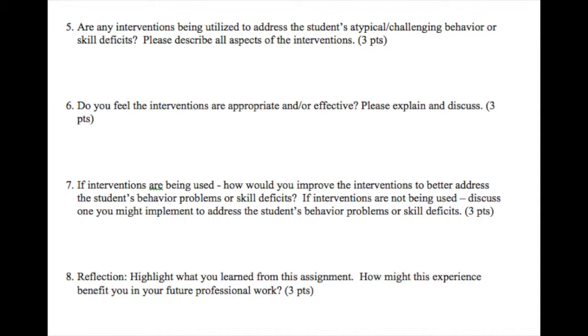Well, that doesn't tell me a lot about what you learned. So try to go a little bit more in depth. Talk about your experiences with observing students and talking with professionals about the student. So just try to really reflect and talk about what you learned and how you will use this in the future.